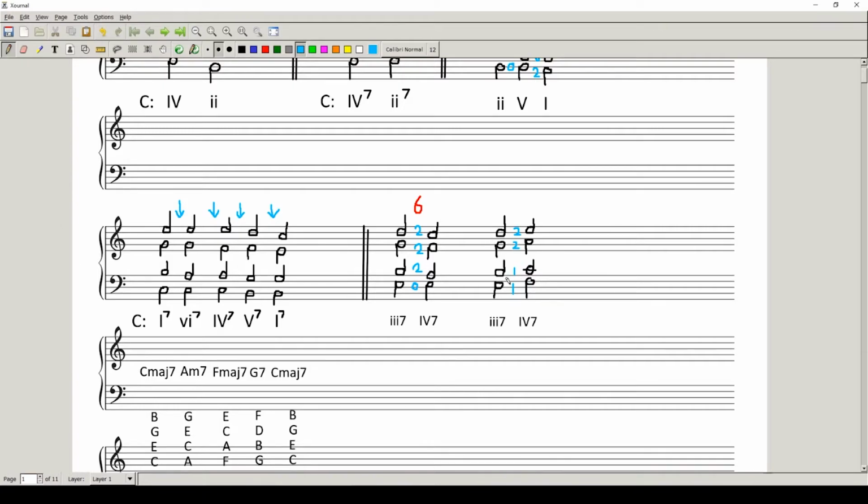So more voices move, but some of them move by smaller amounts. These two only move up by a half step. 2 plus 2 plus 1 plus 1 also equals 6. So these are in fact tied. This was down by 6, and this is up by 6.